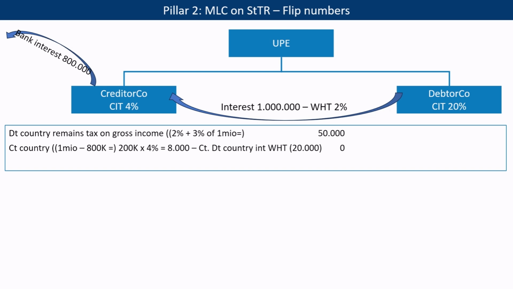And if we look at the UPE, the effective tax rate is 50,000, which is paid in debtor co-country, over the net income of creditor co, which is 200,000. So that is an effective tax rate of 25%. The top-up tax is only due if you pay less than 15%, and since 25 is bigger than 15, the top-up tax due for UPE will be 0, right?